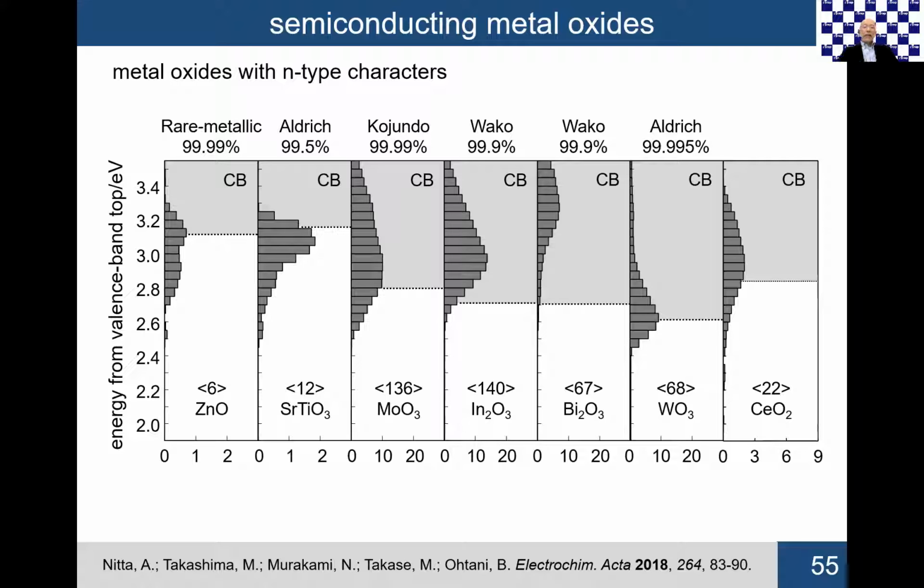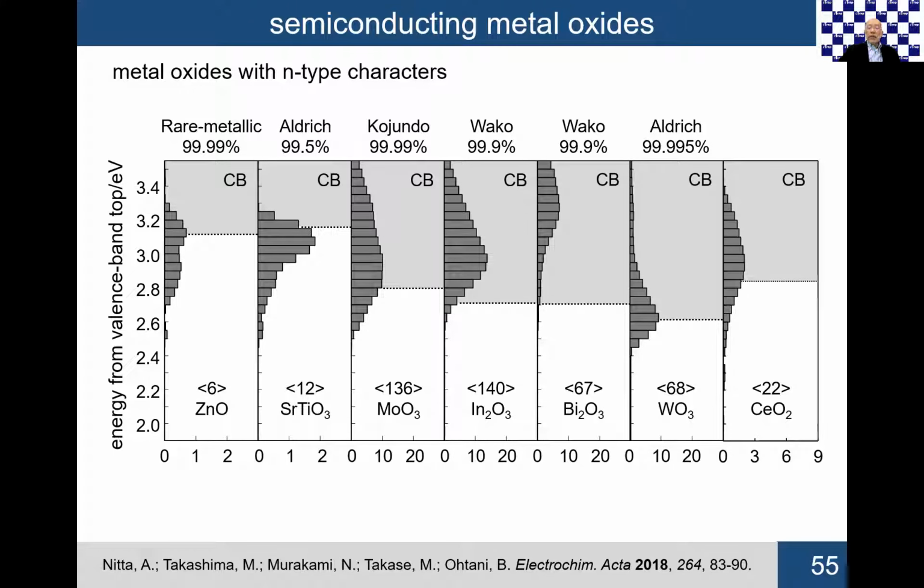But these are representative metal oxide results: zinc oxide, strontium titanate, molybdenum oxide, indium oxide, bismuth oxide, tungsten oxide, and ceria. And all these metal oxide powders show ERDT CBB patterns that are strongly different depending on the kind of bulk structure.